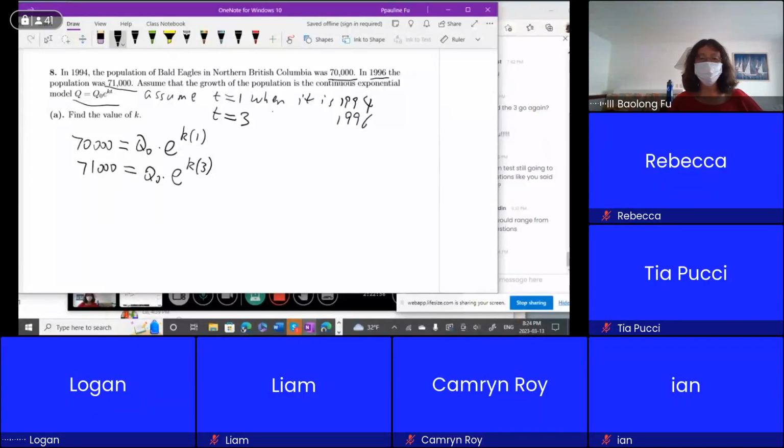I pause for a moment to see if you have any questions. Here you see two equations, two unknowns. We don't know Q0, we don't know K, but we have two equations. We can solve for K, we can solve for Q0.